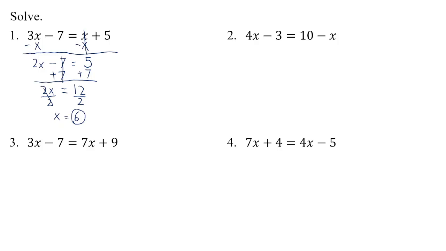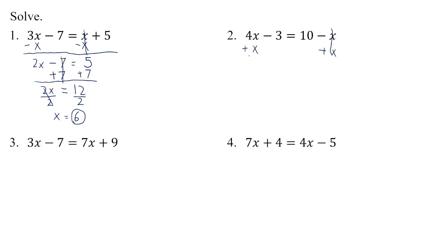All right, number 2, we have 4x minus 3 equal 10 minus x. Okay, so we can either eliminate 4x or we can eliminate negative x. So let's say we want to eliminate negative x. That means we have to add x to this side, meaning we have to add x to the other side.